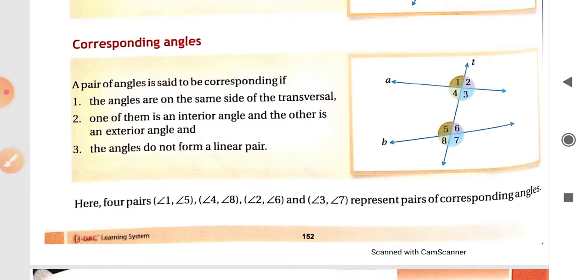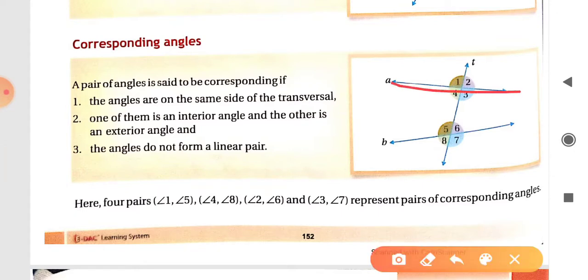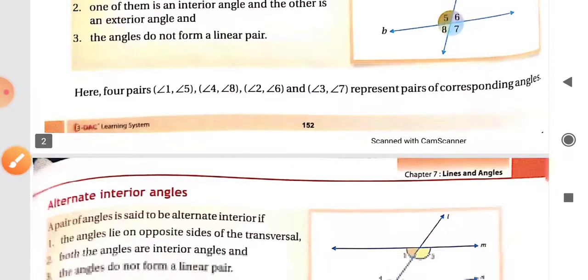These are also corresponding. 3 and 7 are corresponding, and 4 and 8 are also corresponding angles, because angle 1 is in the exterior region and angle 5 in the interior region, and both angles are on the same side of the transversal and they are not forming a linear pair. So these three conditions are satisfied, and these are known as corresponding angles.